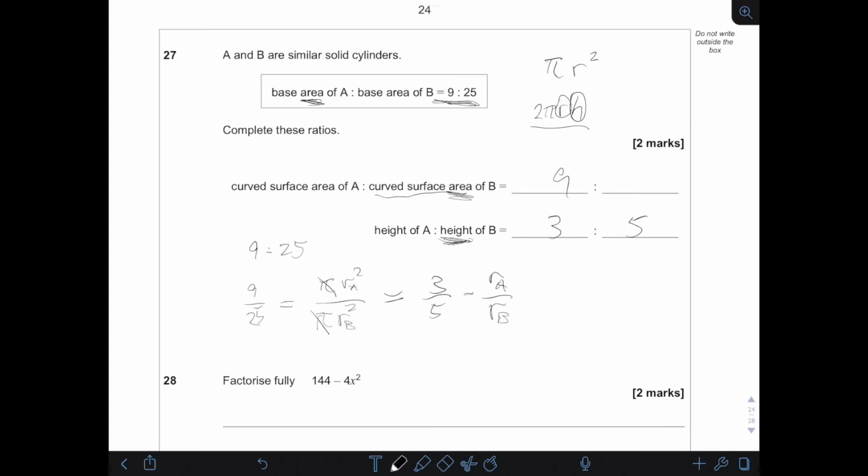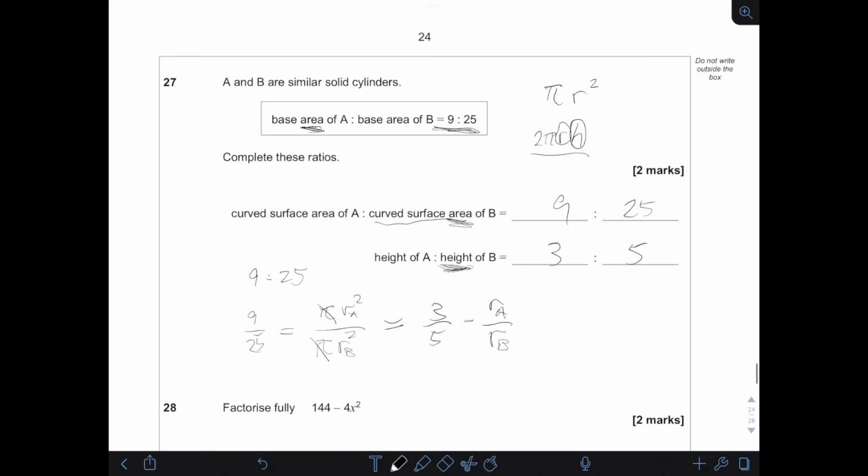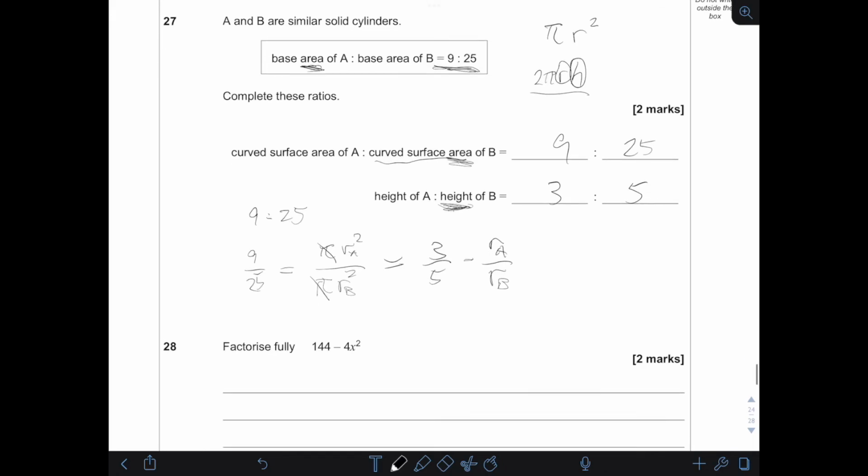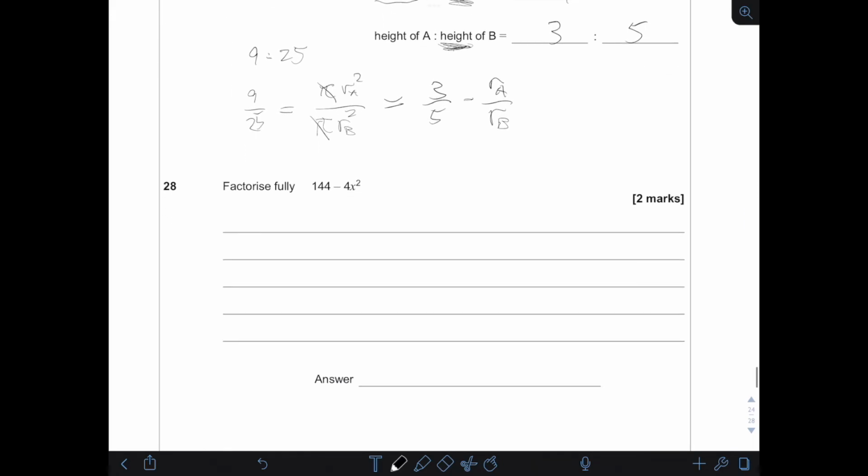So this is just 9 to 25 as well. This is a tricky concept to get around, but you have to get used to it.